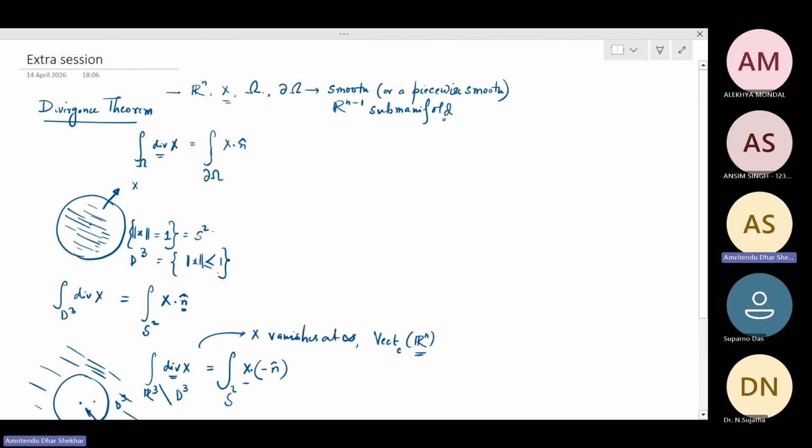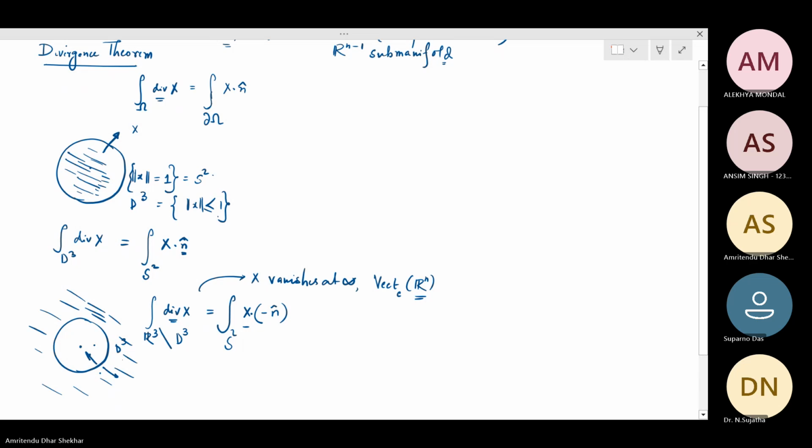Now let's look at one problem. The problem is as follows. It's a straight application of the divergence theorem.